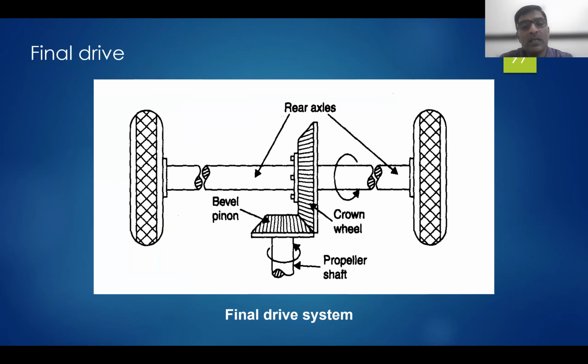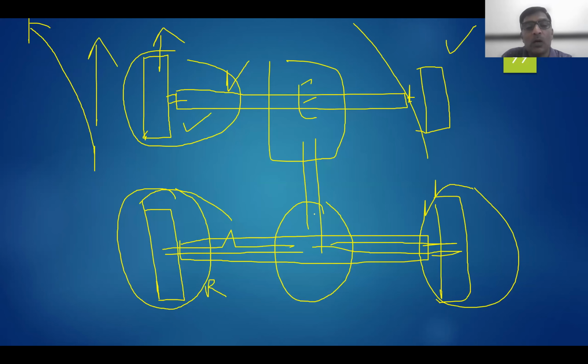So we have seen this one is the final drive, right? And suppose this pinion is rotating with 500 RPM. So this will rotate with 50 RPM. And now if both the wheels are going to rotate with 50 RPM, then what will happen? There may be slipping of the wheels and there will be skidding of the vehicle. So how to avoid this?